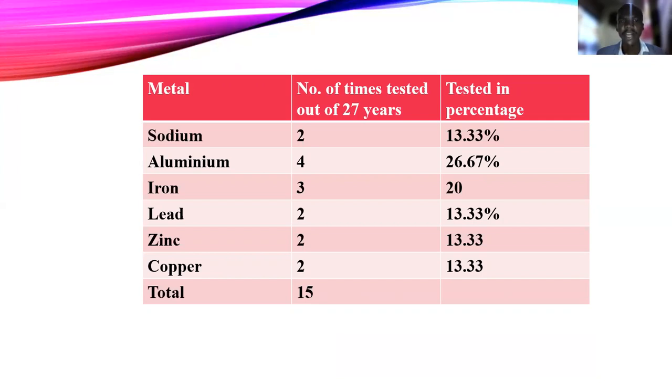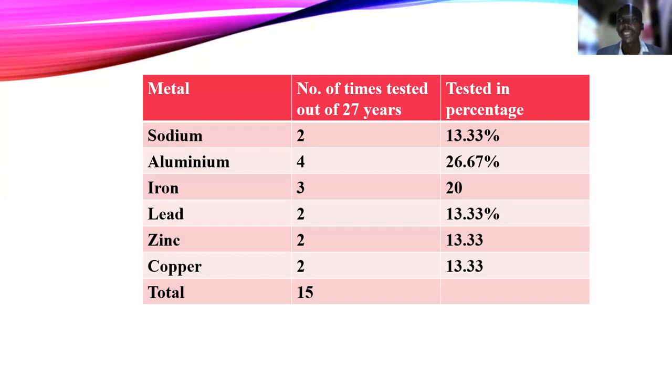Aluminium 4 times, iron 3 times with a percentage of 20, lead 2 times with a percentage of 13.33, zinc 2 times with a percentage of 13.33 recurring, copper 2 times with a percentage of 13.33 recurring.